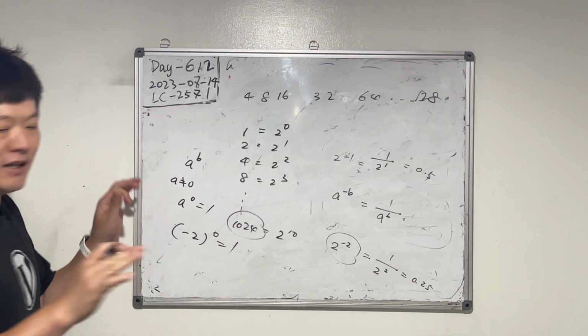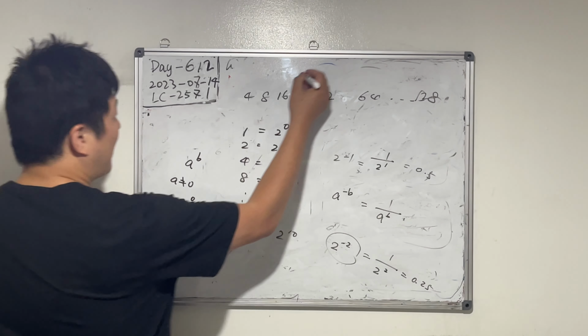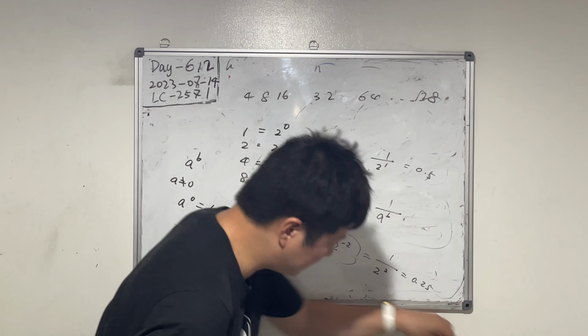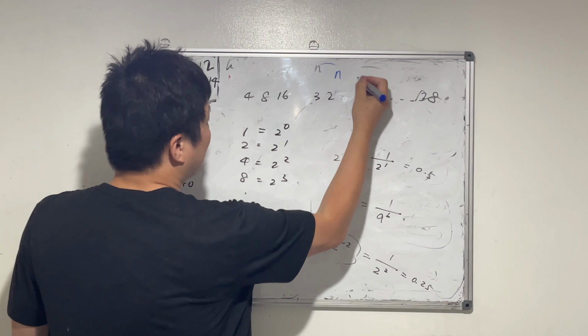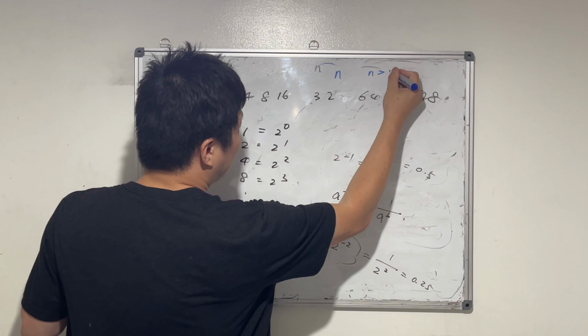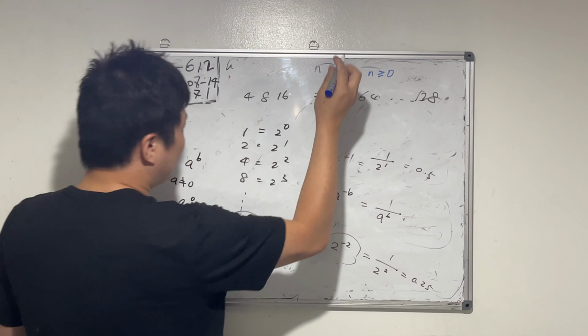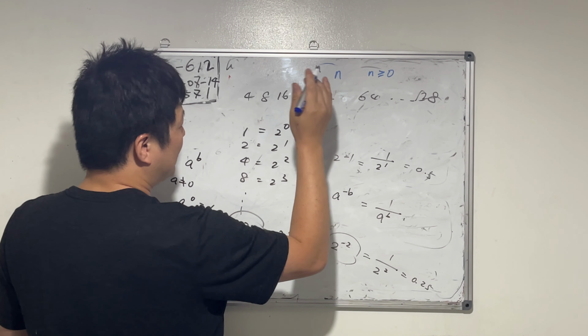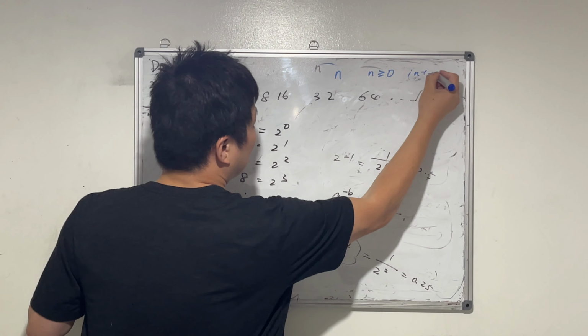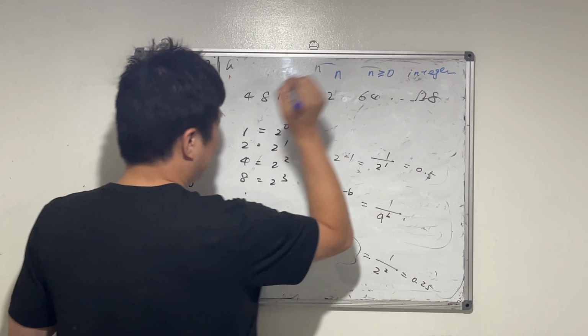Okay, so a little bit of math knowledge here. We are given a number n, a non-negative integer, n greater than or equal to 0.